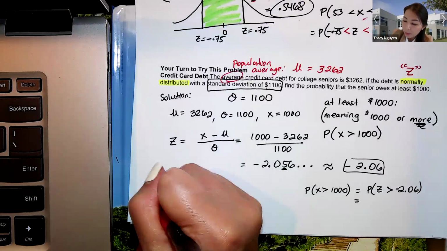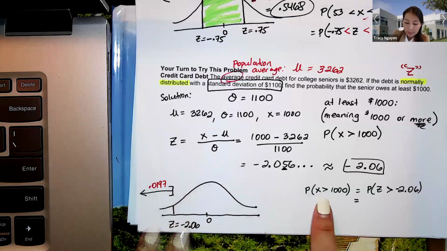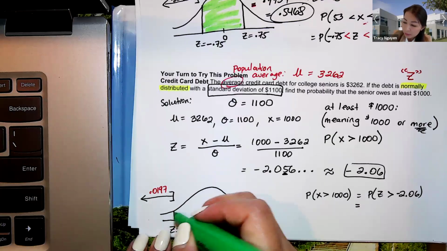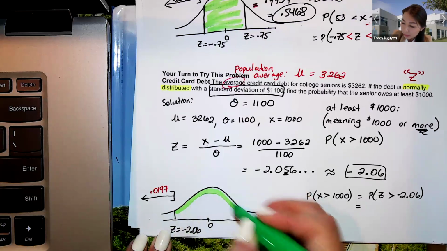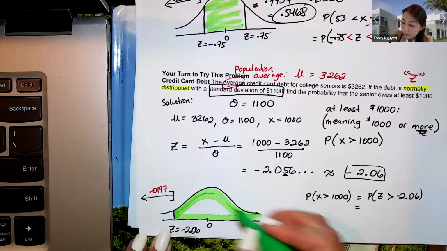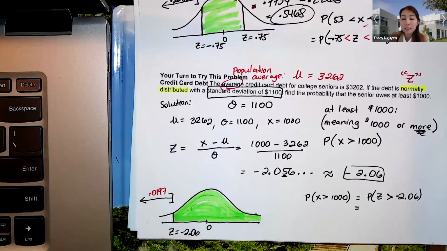Okay, so 0.0197, but we're interested in the area that's greater than, so we're looking for the area that's greater than negative 2.06, or the probability that z is greater than negative 2.06, meaning the area to the right.